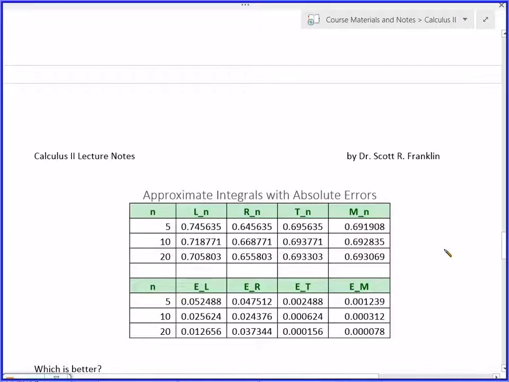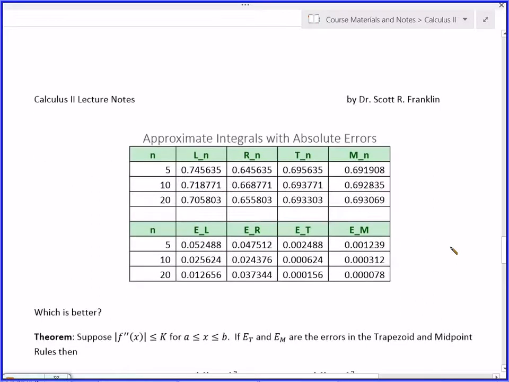Now here's what I did. I went ahead in Excel and calculated all of these for different values of n, just so you can stare at this for a second. The top table here has different values of n. n equals 5, n equals 10, n equals 20. And horizontally, I've got a column for the left-hand rule.